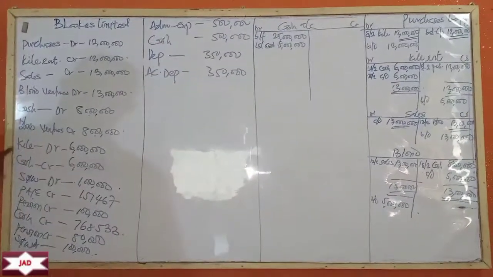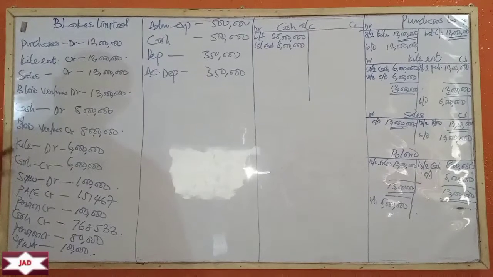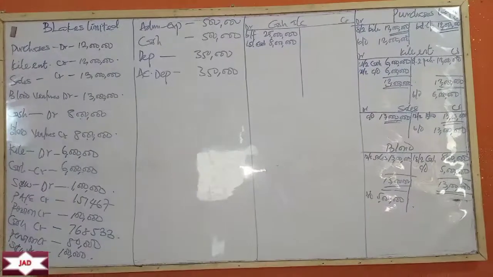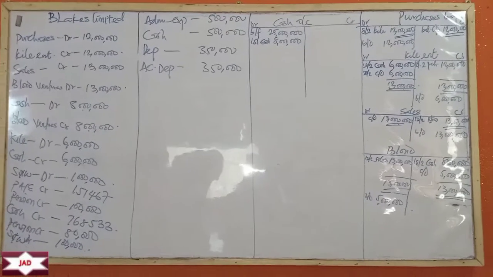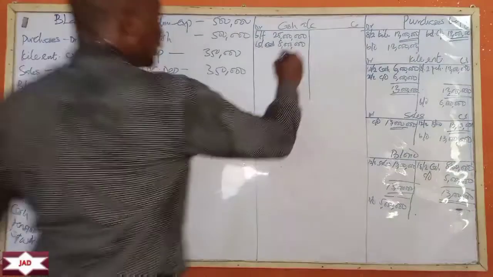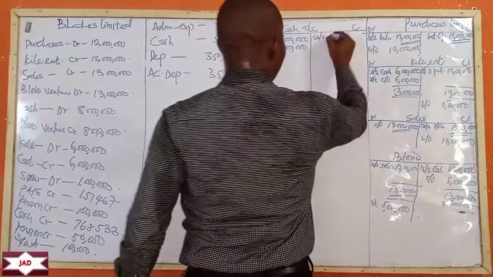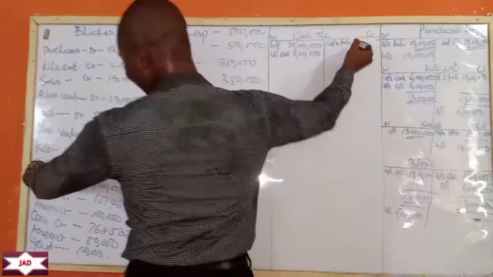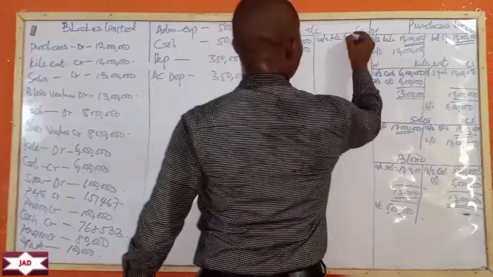Another cash here. We paid Kai. What date is that? 20th. We paid Kai. So we have 20th February, Kai. How much did we pay Kai? 6 million.